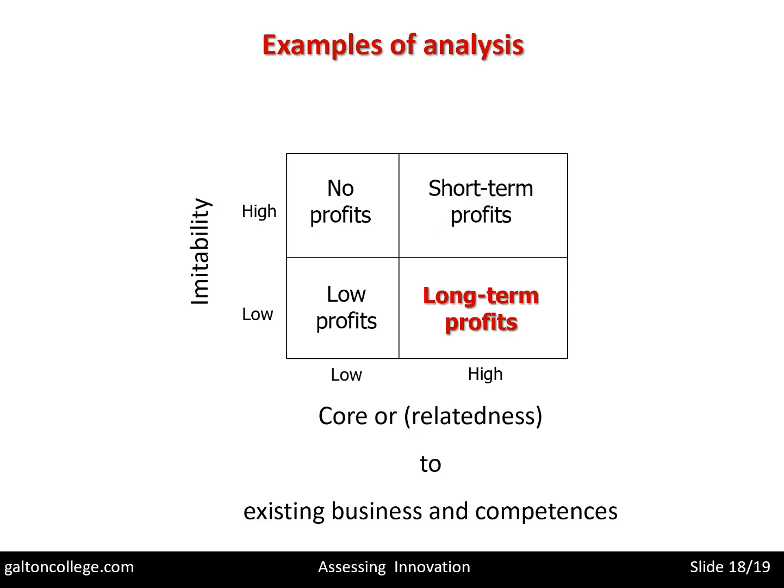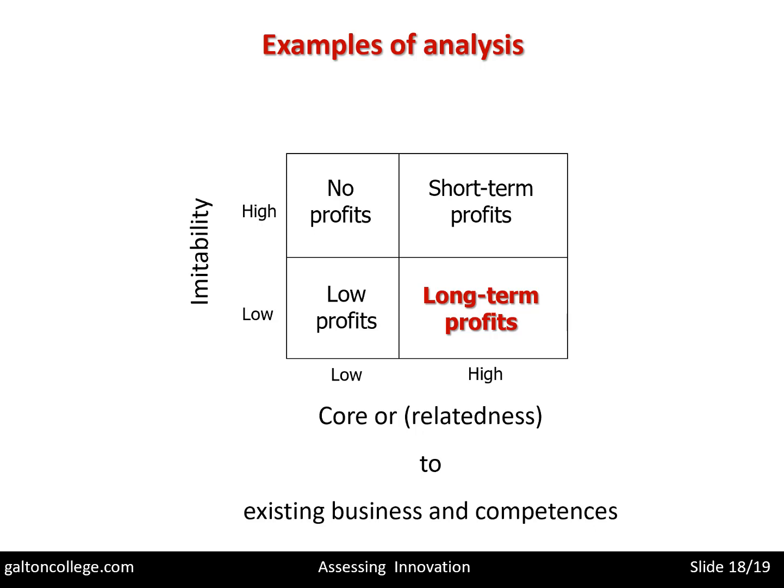If they've got the facilities to do it, they've got the competencies and the ability to make this particular item, but it's very difficult to copy, then there's long-term profits if they can do it, because others will find it difficult to copy.